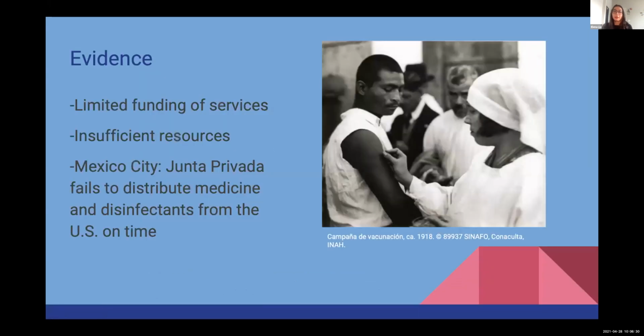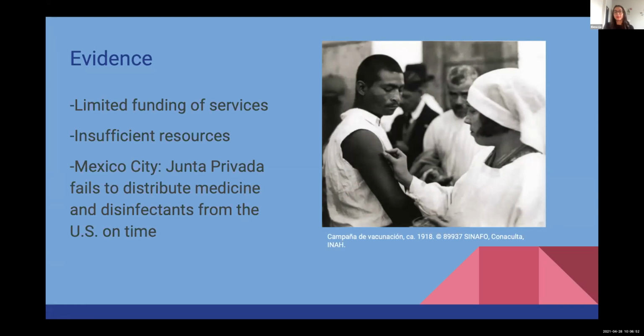Next, we'll talk about how limited funding services were. Obviously, budgets were strapped post-revolution, so much so that the responses were so short that groups of private citizens came together in order to distribute medicine and import disinfectants from the United States. There was nothing available in Mexico, and so it all had to be imported.